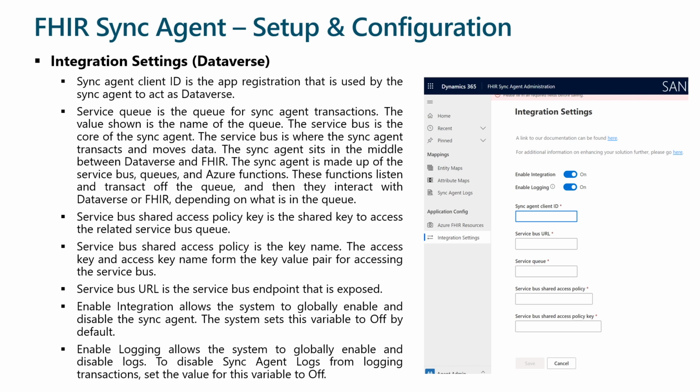Service bus shared access policy is the key name. Service bus shared access policy key is the shared key to access the related service bus queue. You can gather these four values from the Azure service bus on the FHIR Sync Agent.